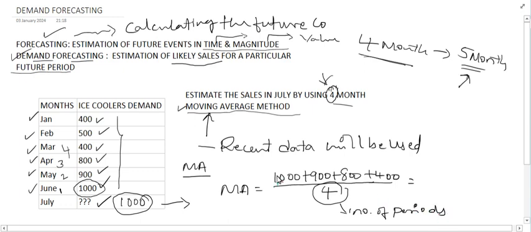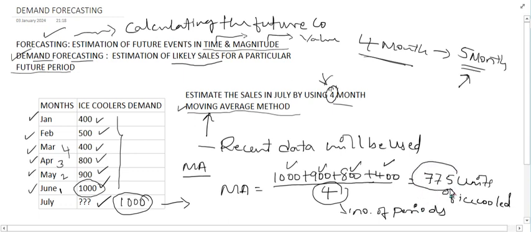A 4-month moving average means I am taking 4 months. This is the recent months' demand. This will give you the value of 775, if I am right. So you will get 775 units of ice coolers sold. This is the estimated value by using the 4-month moving average.